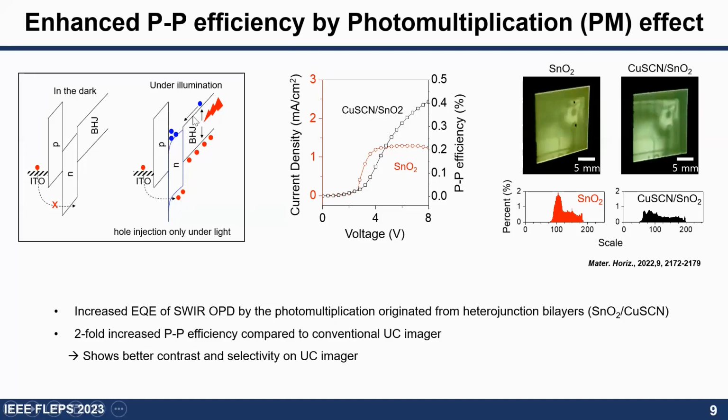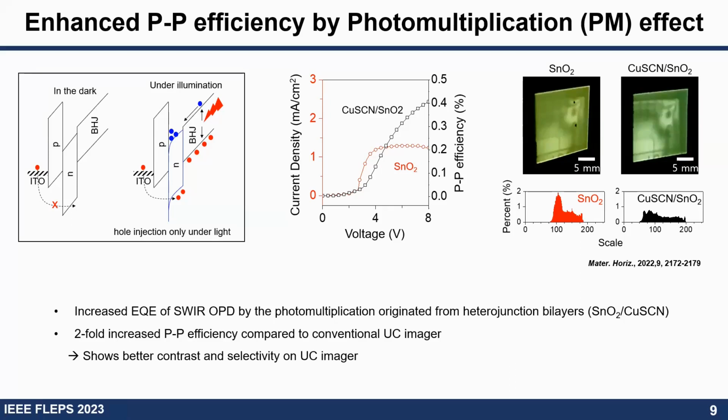But on the contrary, in the dark, charge cannot be tunneled into the detector side because the bending does not occur. So based on this operation mechanism, the photon-to-photon efficiency can be increased twice compared to the previous conversion imager.